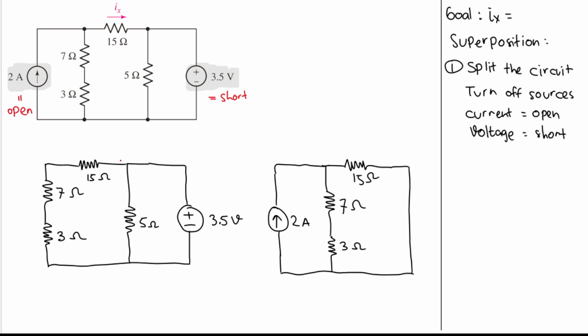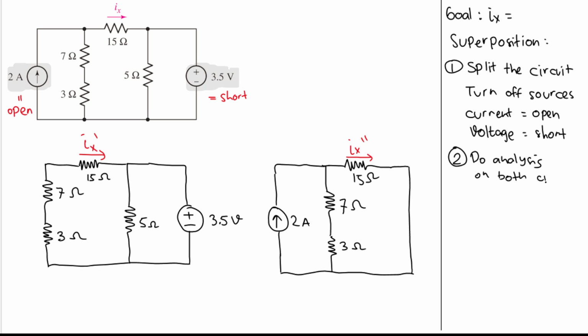And here we label the target, Ix, in each circuit. This one is Ix prime, and then this one will be Ix double prime. Good. And Ix double prime is the current that passes through this resistor. And what we need to do next is to do analysis on both circuits.